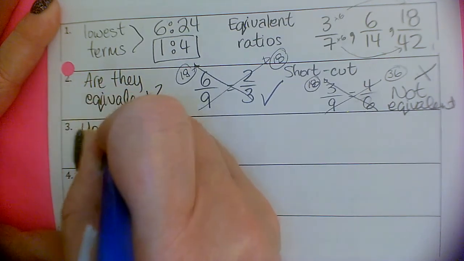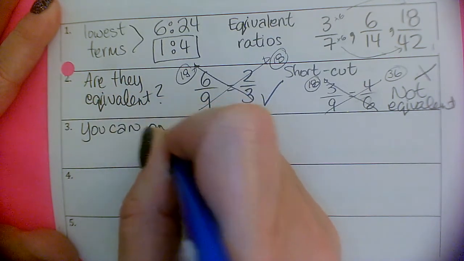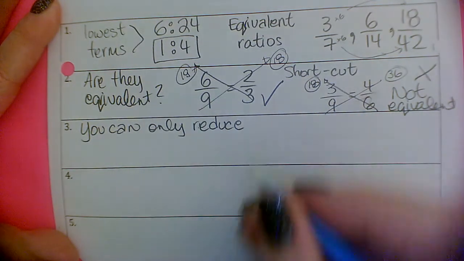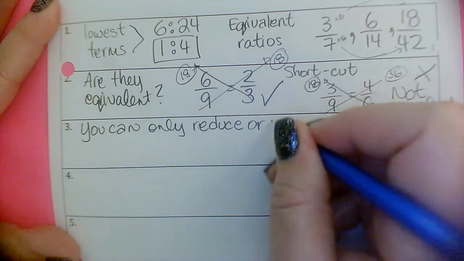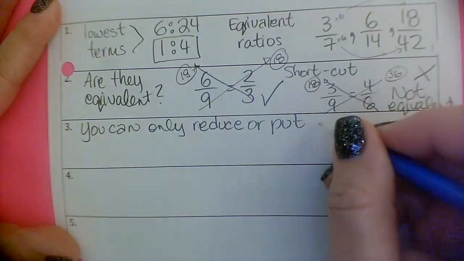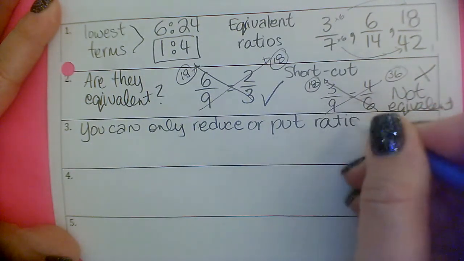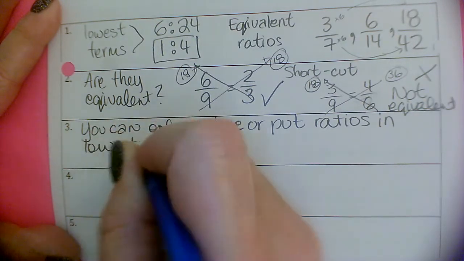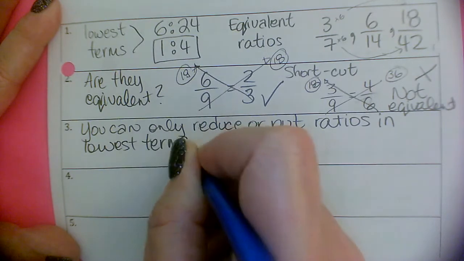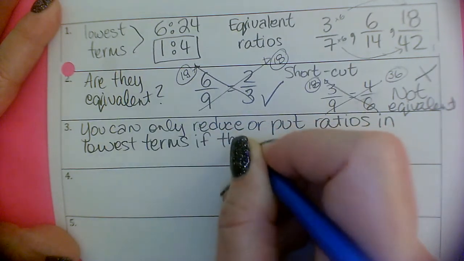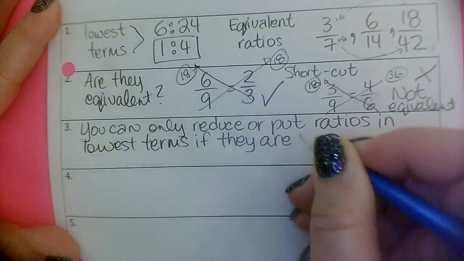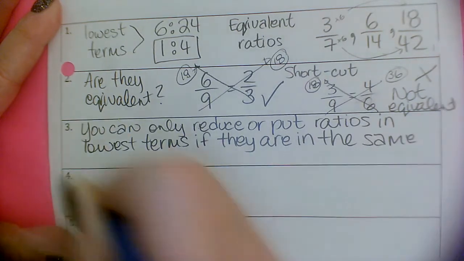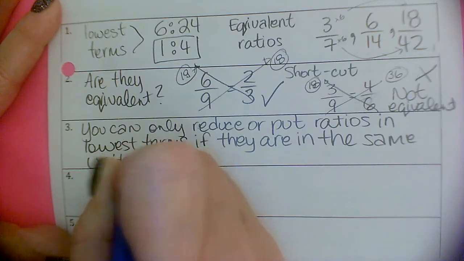You can only reduce or put ratios in lowest terms if they are in the same units.